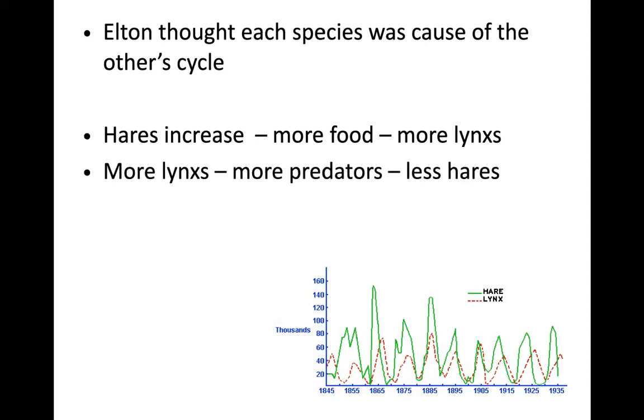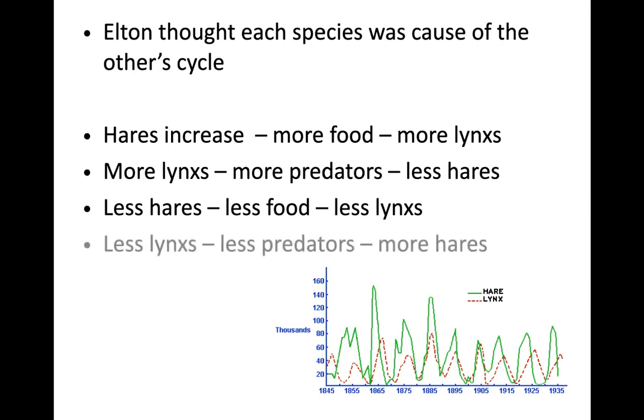But if there's more lynxes, then there's more predators preying on the hares, which means there's fewer hares. Less hares, less food, less lynx. So they kind of cause each other's rise and fall. When there's less lynx, there's fewer predators, which means the hares are going to start to increase again. And that 1 to 2 year delay is probably the cause of the 10-year cycle between both of them.